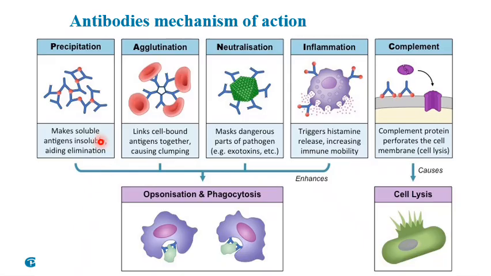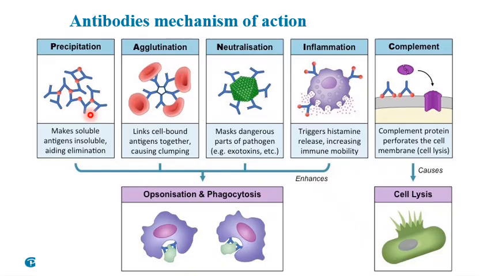All other mechanisms of action of antibodies will promote opsonization and phagocytosis. An opsonin is a substance that could agglutinate or clump things together.